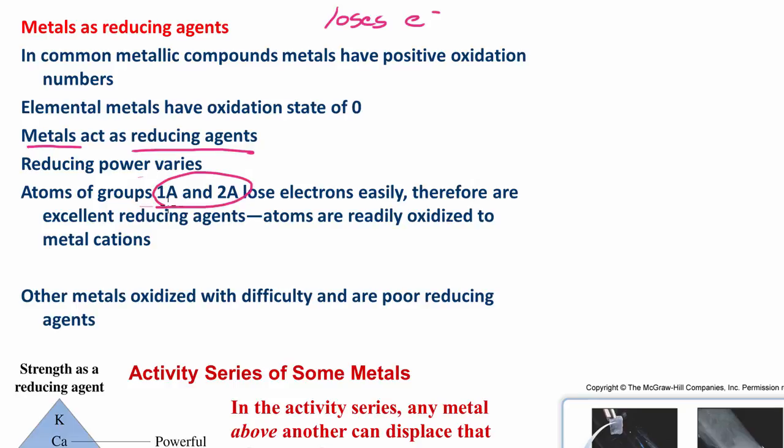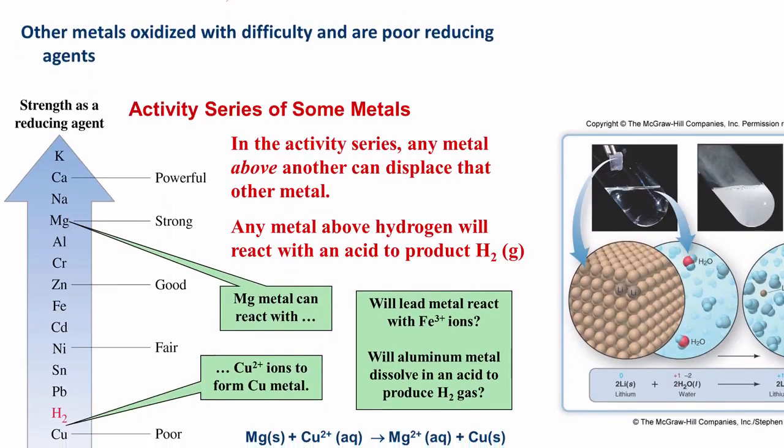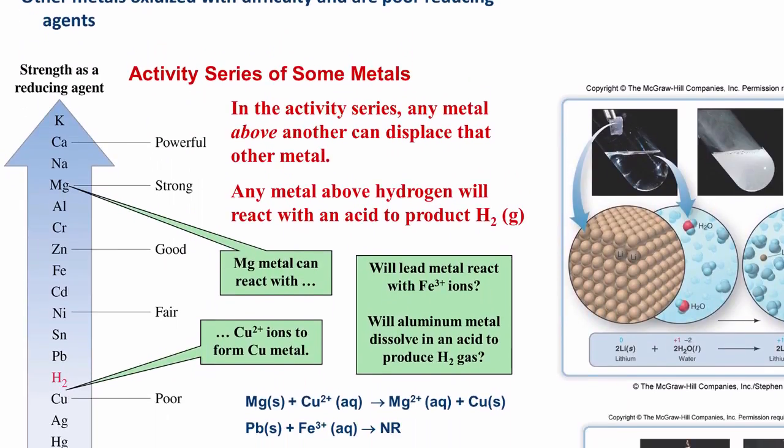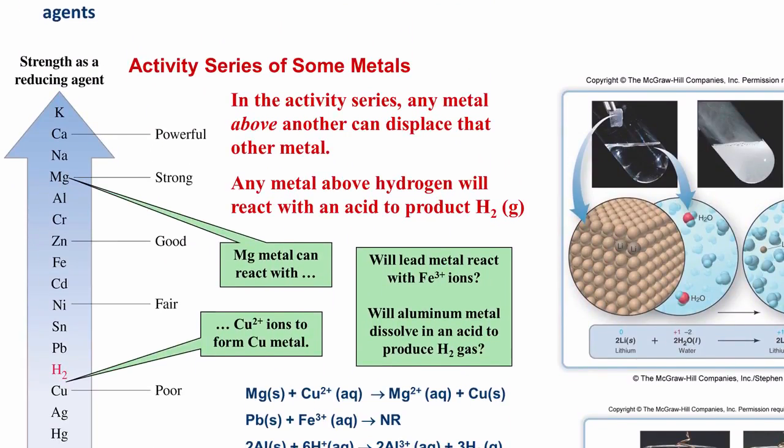Atoms of groups 1A and 2A lose electrons very easily, and they are very good reducing agents, because these atoms are readily oxidized to metal cations. There are other metals that are oxidized with more difficulty, and therefore they are poor reducing agents.